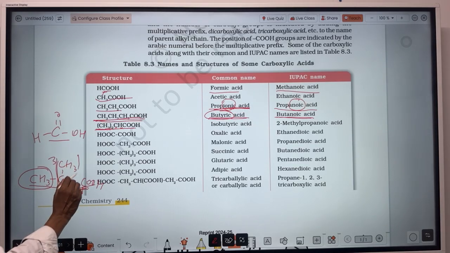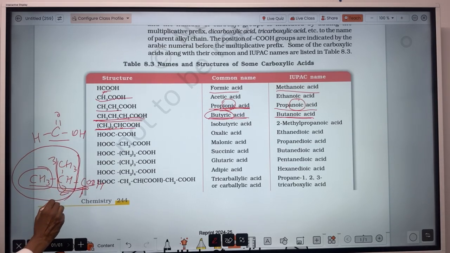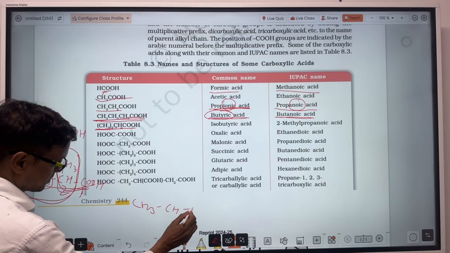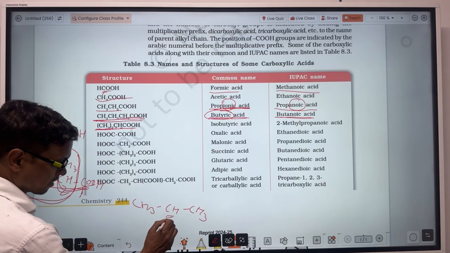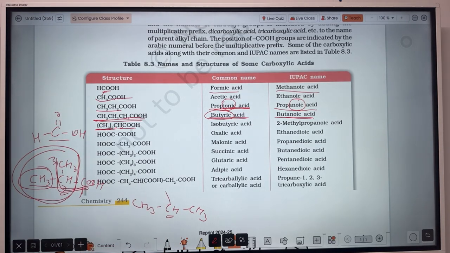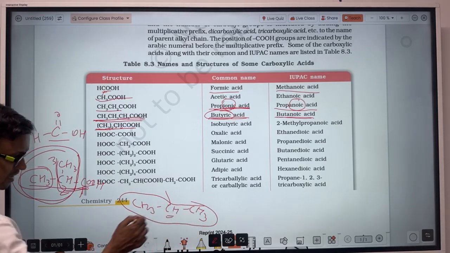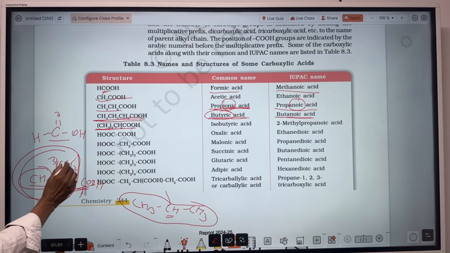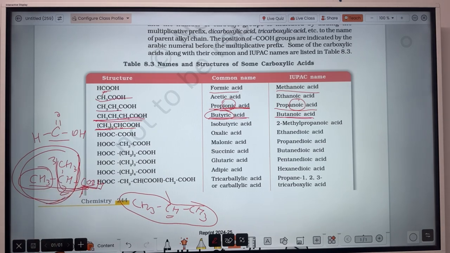And when you write the common name, it is isopropyl. Here CH3CH CH3, through a secondary carbon atom it is bonded. So it will be called isopropyl, sorry, not isobutyl. And here is the carboxylic acid. So in the common name, its name will be isobutyric acid.